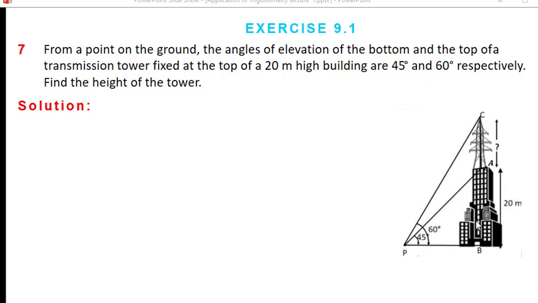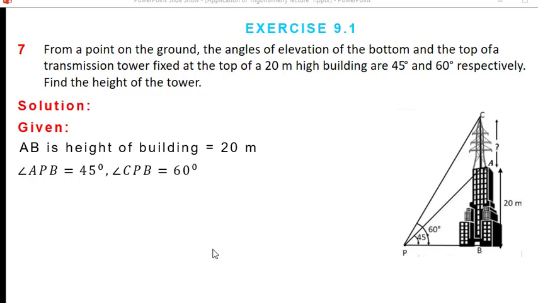In this diagram you have to find the value of AC. Building is AB. When you see the top of the building, that is the bottom of the transmission tower, you get an angle of 45 degree, and at top point C you get an angle of 60 degree. So given AB is equal to 20 meter, angle APB is 45 degree, angle CPB is 60 degree. We have to find the height of the tower.